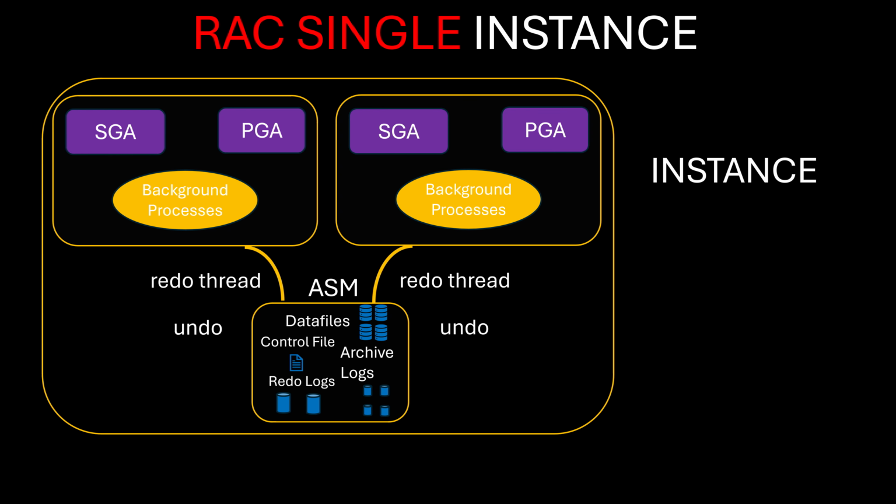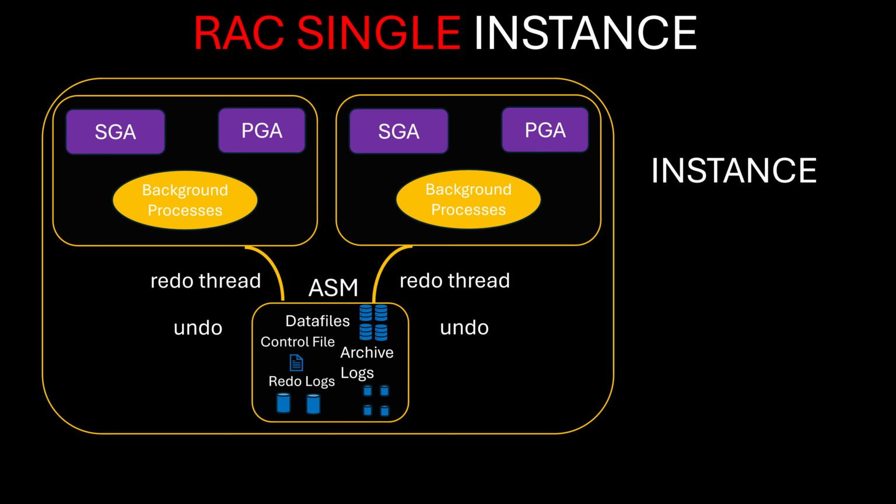Similarly, each RAC instance generates its own redo stream through its own redo thread. Instead of one redo stream, RAC has multiple redo threads writing to shared ASM managed storage. And every transaction receives an SCN, ensuring all nodes agree on a consistent view of the database.